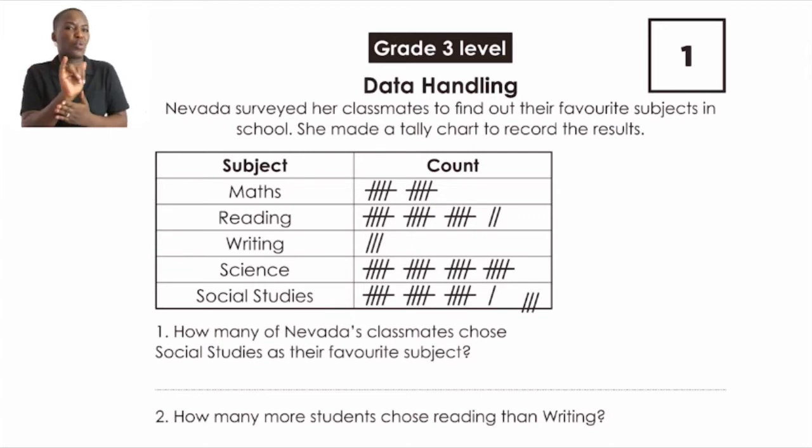She made a tally chart to record the results. Now there you can see that this is a tally chart, where on one side we have all the subjects and on the other side we have count. We already know what the subjects are, but we're not sure what count is. So let me help you explain all those sticks that you are seeing. Let's take a look at the board.